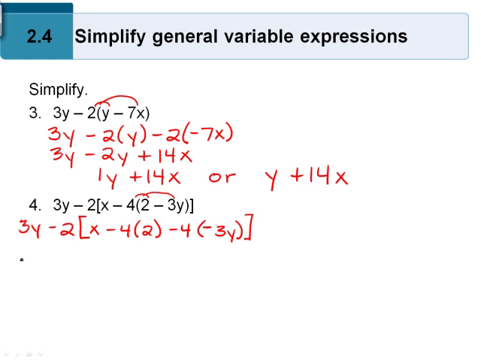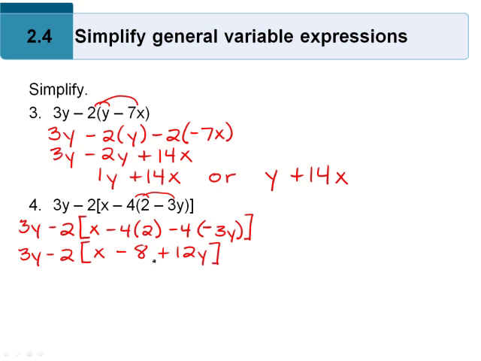Now we multiply in the brackets. Negative 4 times 2 would be negative 8. And negative 4 times negative 3y, that's going to be a positive 12y. Still in brackets.